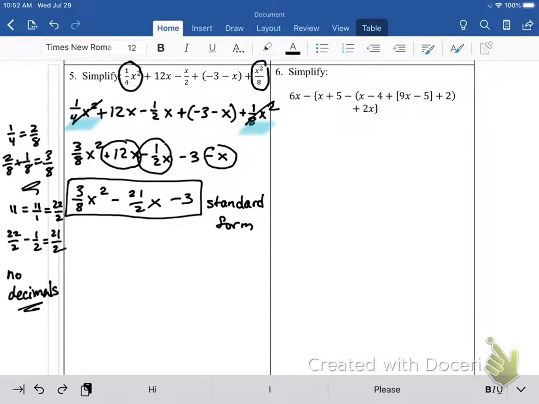Number 6 is a very complex simplification problem, and it does actually have some minuses in front of parentheses. I see 2. So there's 1 here in front of that, and there's 1 here. So there is going to have to be some simplifying here.